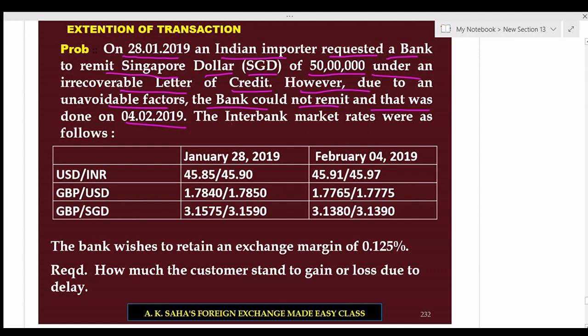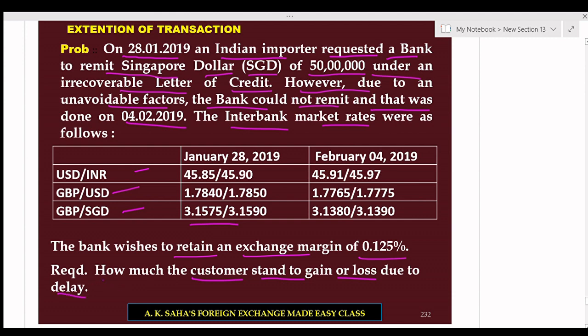The interbank market rates were as follows: USD INR given for January 28, 2019 and February 4, 2019, GBP USD is given, GBP SGD is given. The bank wishes to retain an exchange margin of 0.125%. How much will the customer stand to gain or lose due to the delay?